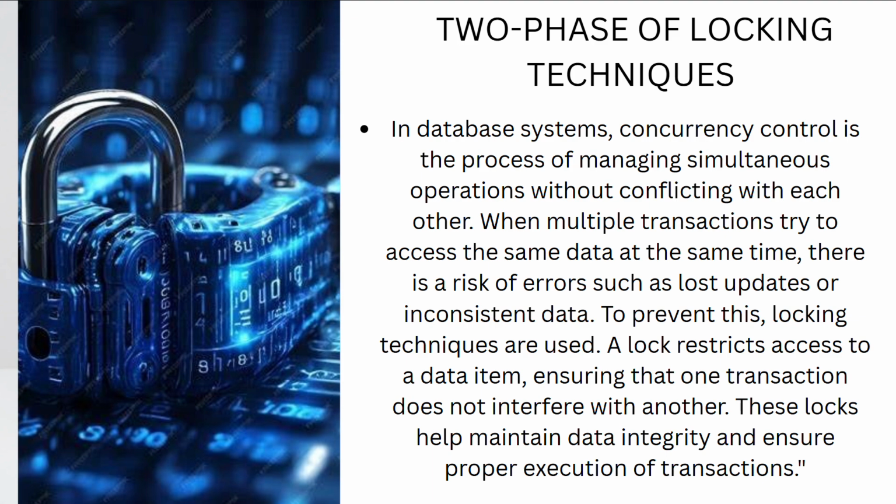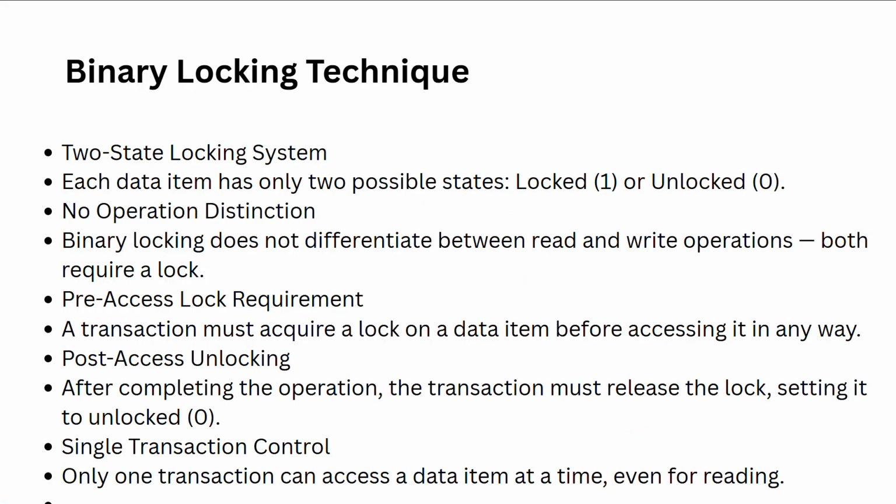The first one is binary locking technique. It is a two-state locking system, which means each data item has only two possible states, which is locked or unlocked. We denote locked as one and unlocked as zero.